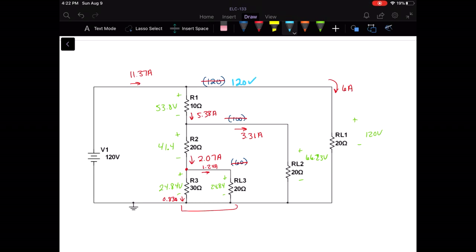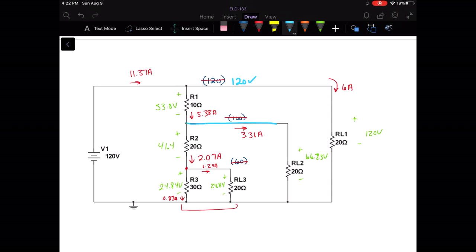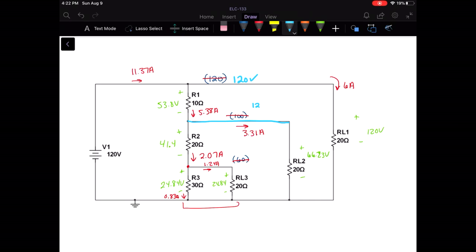However, notice here, instead of having the 100 volts we were looking for, we actually have 120 minus 53.8, which is about 66 volts.